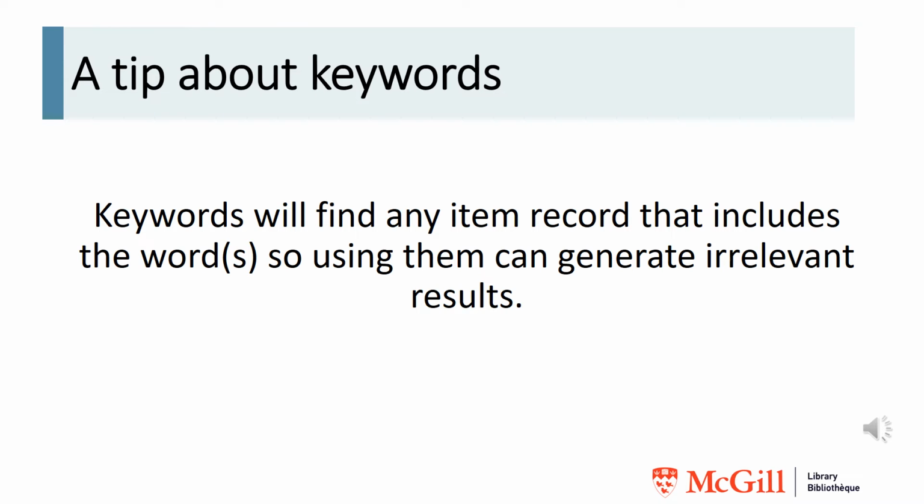Sometimes authors say in the abstract that they're not going to be talking about probiotics, but they are going to be talking about cranberry. So using the word probiotics will actually get you an article that is not about probiotics.